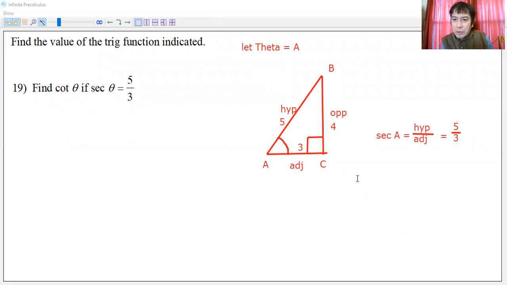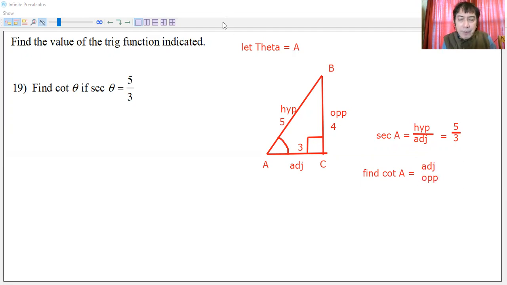We're looking for cotangent. So the question is to find the cotangent of the angle, and cotangent is adjacent divided by opposite side.